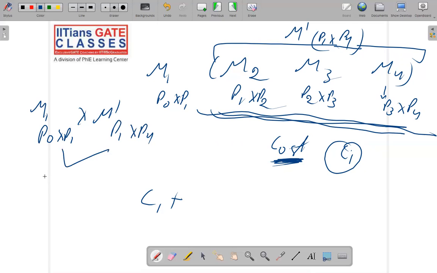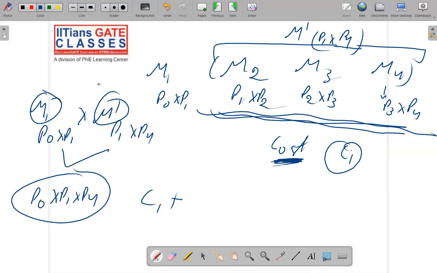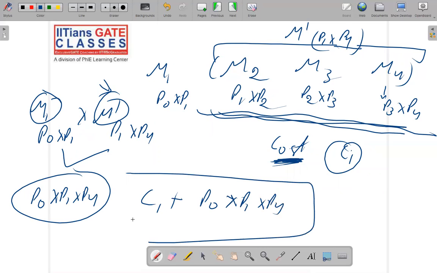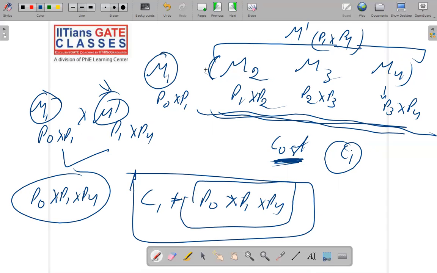So the cost of multiplying M1 and M dash will be P0 into P1 into P4. And now I know that this cost will be there once I choose to multiply M1 at the end, and I choose that M2, M3, M4 will be multiplied first.